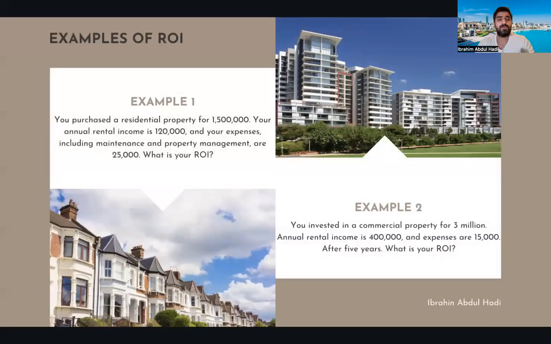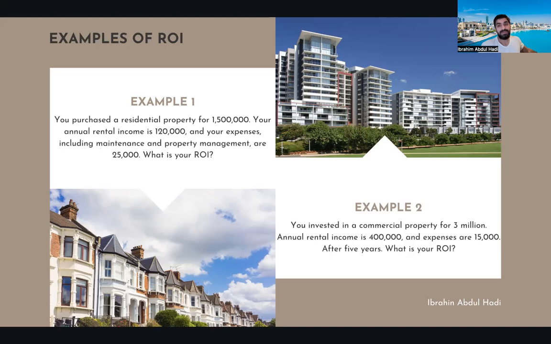For example, we purchase a property of 1.5 million. Your annual rental income is 120,000, and your total expenses for maintenance are 25,000. What's your ROI? We'll do 120,000 minus 25,000 over 1,500,000.